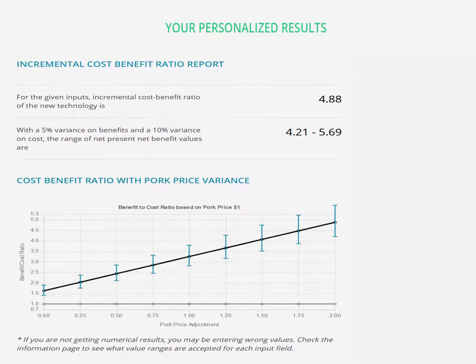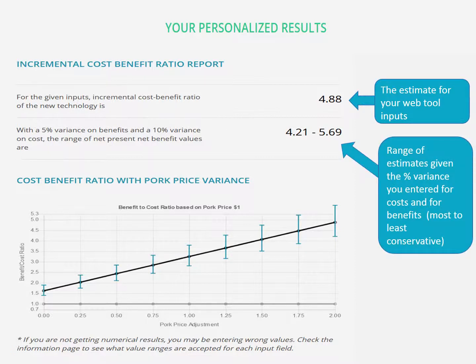The results are in four folds. We have the incremental cost benefit, and this estimate tells us that the new technology we're about to invest in is profitable. Reason being that anytime we have a value greater than 1, that tells us the new technology is profitable.